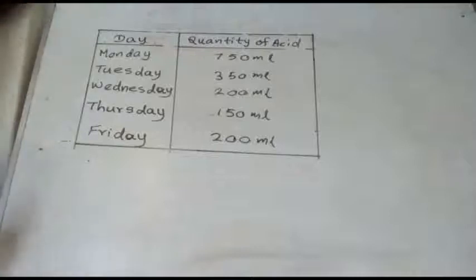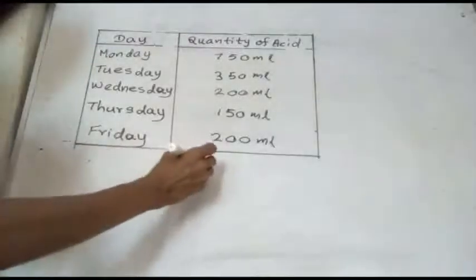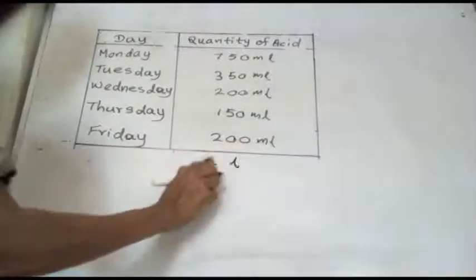The quantity of acid in a certain vessel in a laboratory was 3 liters.